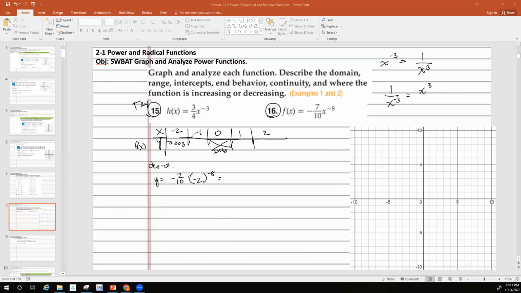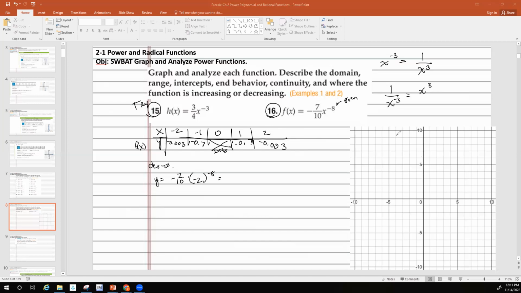When you plug in -1, you get -0.7. When you plug in +1, because it is an even exponent, it's still going to be the same, -0.7. And then plug in the +2. There you go. Then just plug in those points.